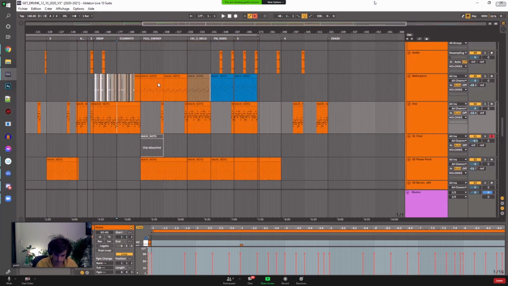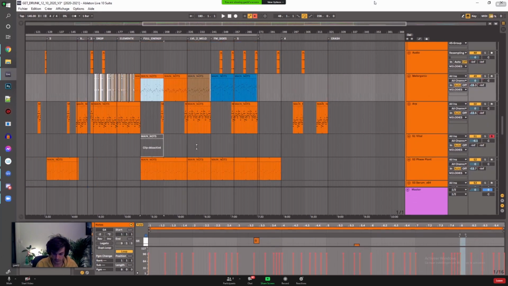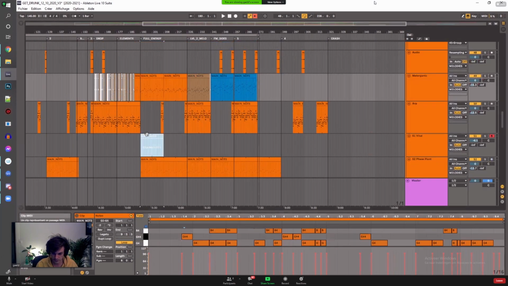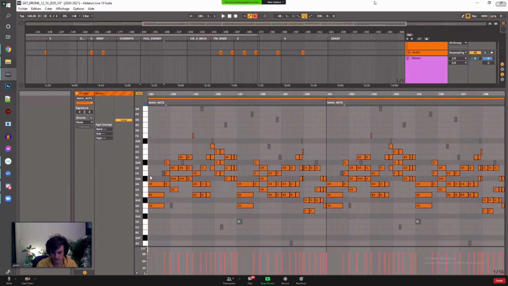If you look at my melody, I didn't use the root note of the chord. I used mostly the fifths.